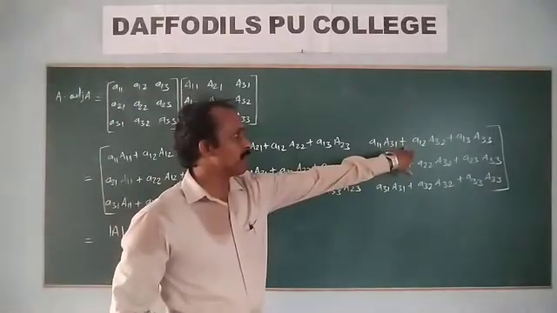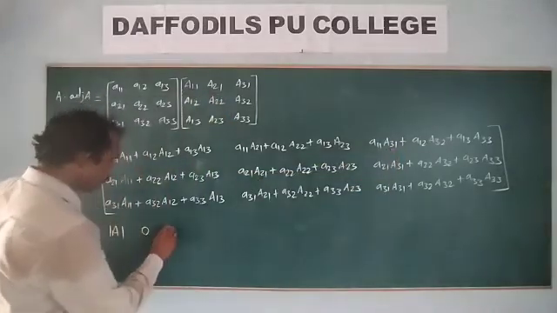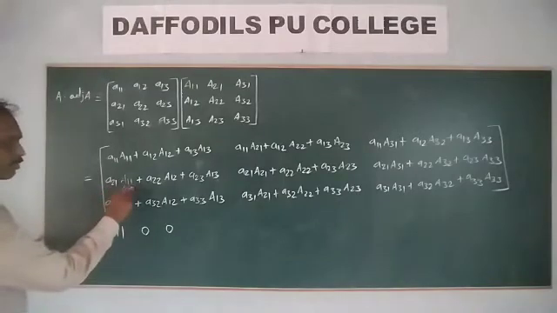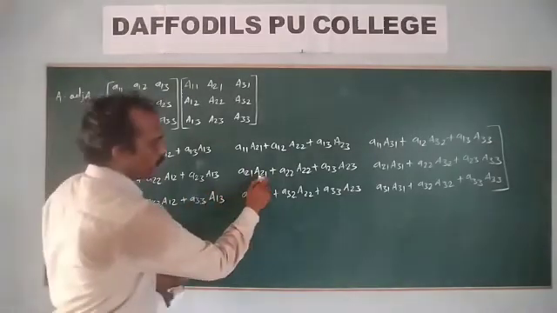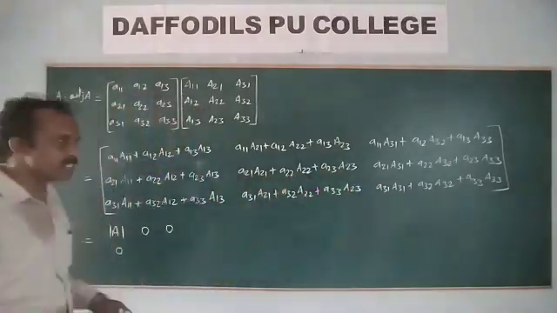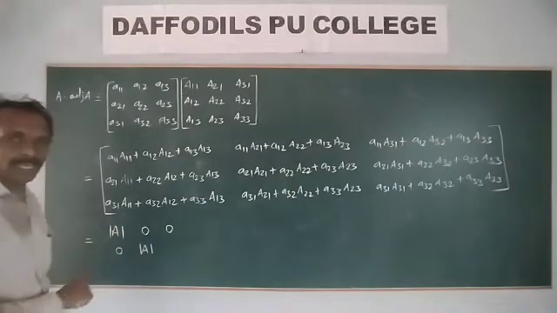So these are different elements and cofactors are different, so that value is also 0. This value, element to cofactors different, therefore this value is 0. A21 A21, A22 A22, A23 A23. This is the determinant value, det.